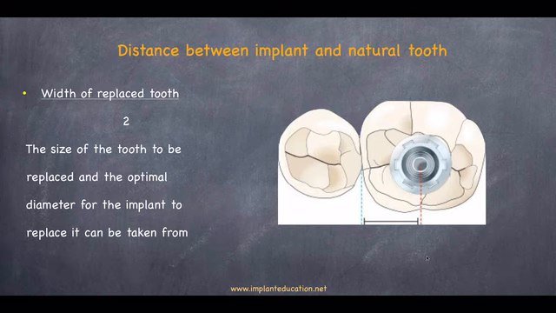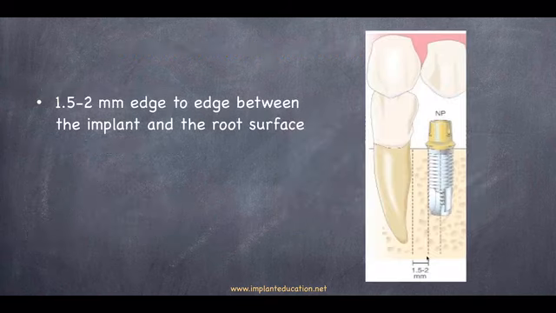Another way of calculating that is the radius of the implant you are planning to place plus 1.5 to 2. So no less than 1.5 if by all means possible, and no more than 2. So if the implant is 4 millimeters, I would go no more than 2 millimeters from where the tooth meets the bone.